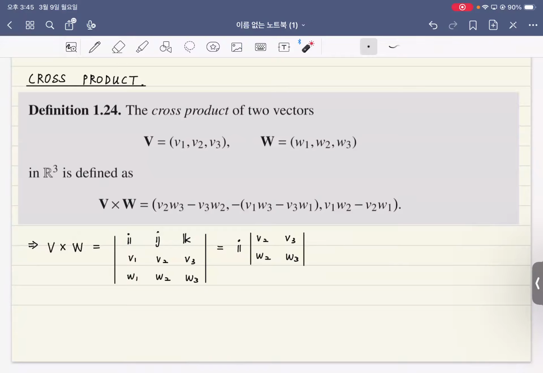And this guy, with the signs alternating, minus, times the determinant of this 2 by 2 matrix given by this. And finally, this last guy times the determinant of this 2 by 2 matrix.